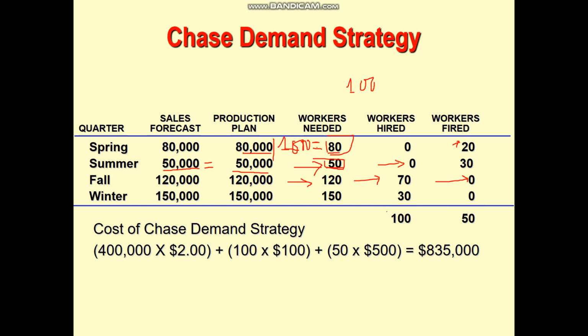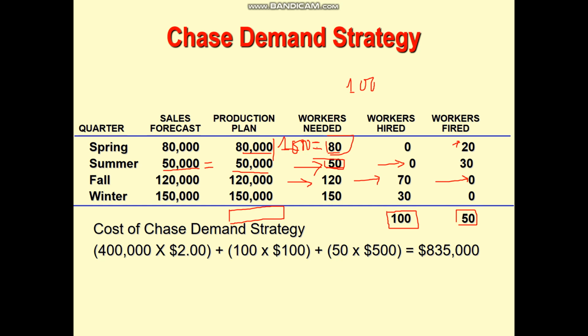So we can calculate that the total workers we need to hire is 100, and we need to fire 50 workers. And here we will have three main costs: production cost, for which you also calculate the total production quantity here, and the total workers you need to hire and the total workers you need to fire.